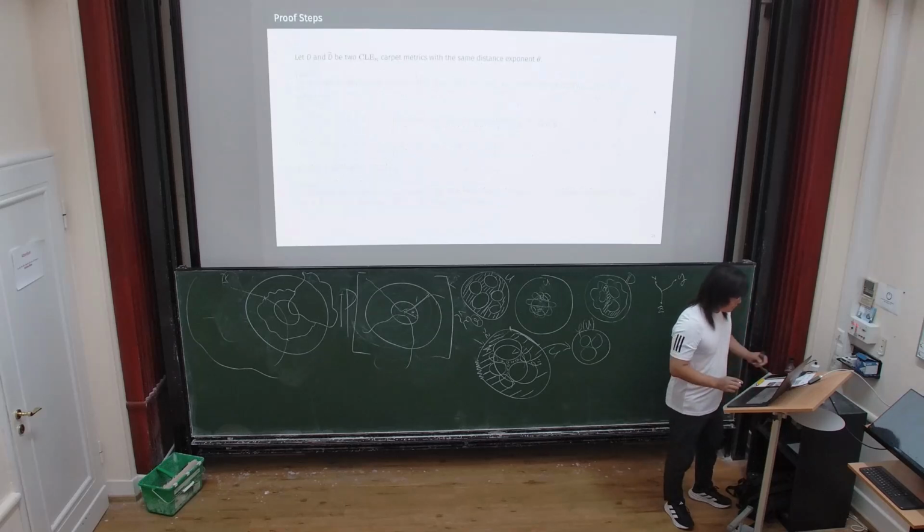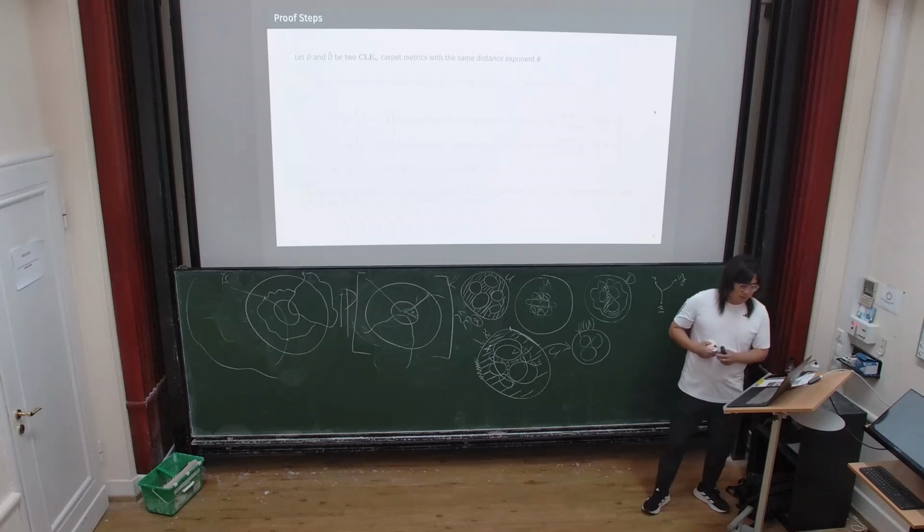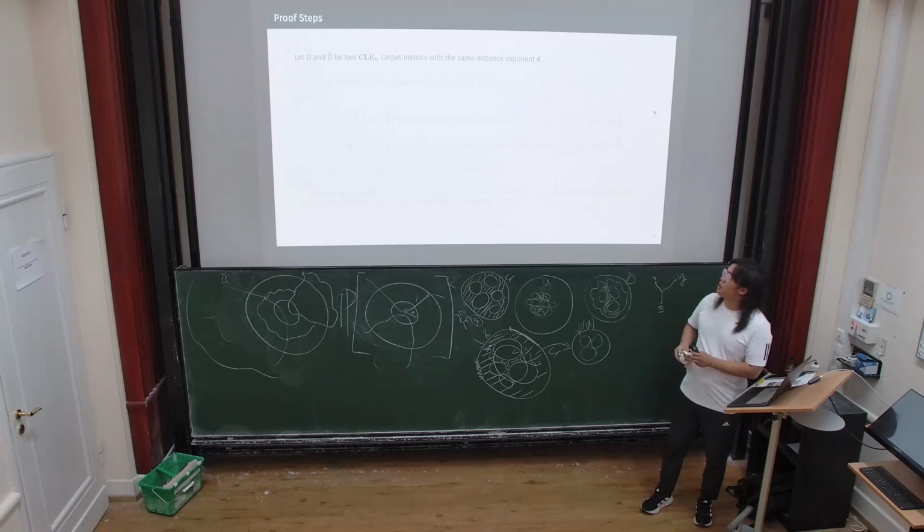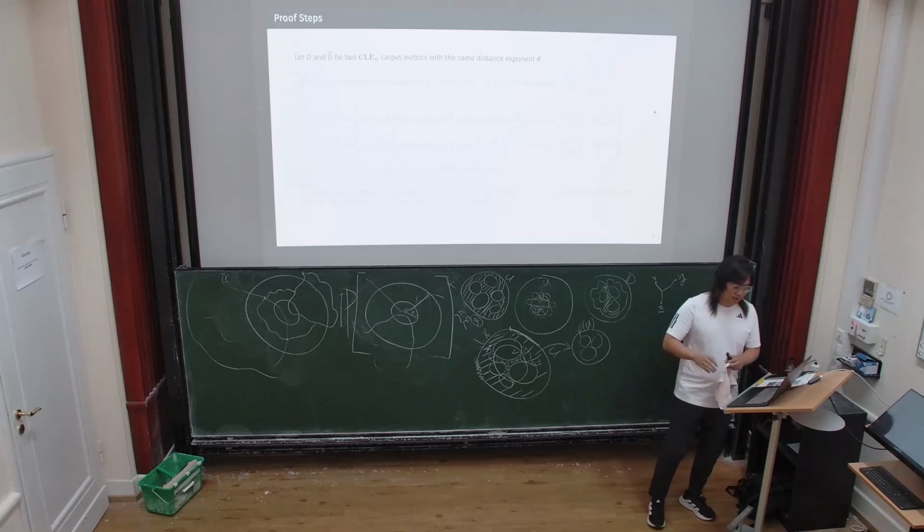And now, the major part of this paper is to prove uniqueness. For 2 metrics with the same distance exponent, they are the same up to a constant.